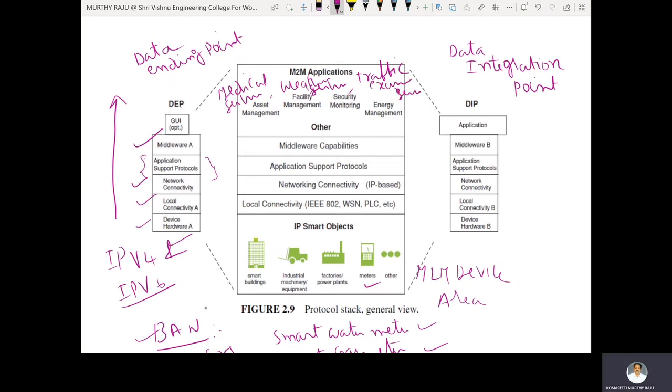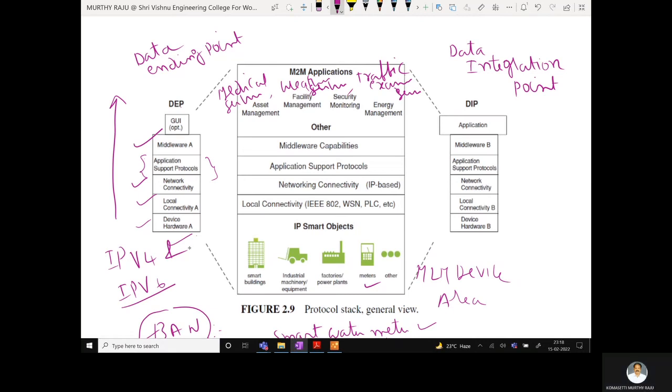In this example, we use a body area network. That means the middleware A of device A, the body area network. That middleware acts as an agent between the service providers.